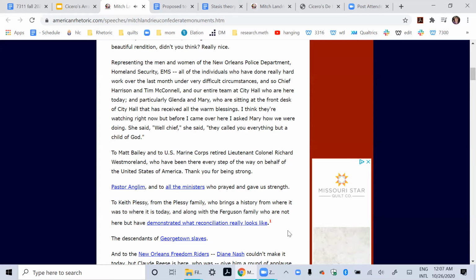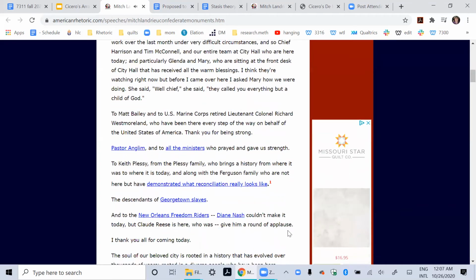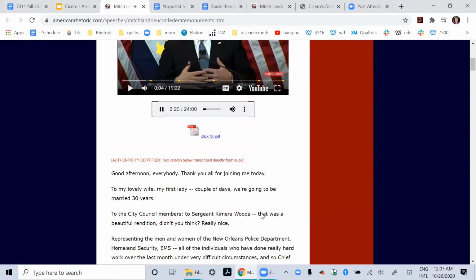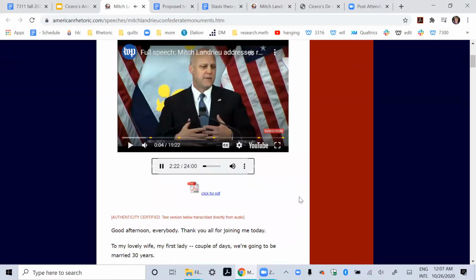The descendants of Georgetown slaves, and to the New Orleans Freedom Riders. Diane Nash couldn't make it today, but Claude Reese is here, who was, give him a round of applause. Thank you all for coming today.